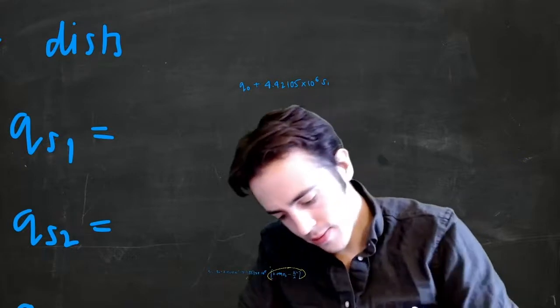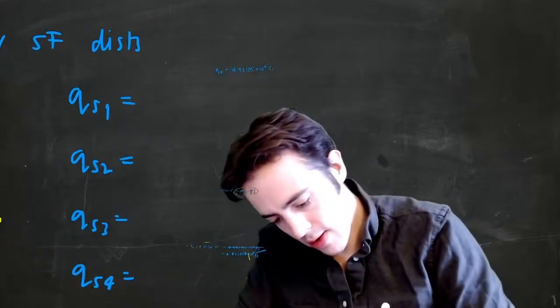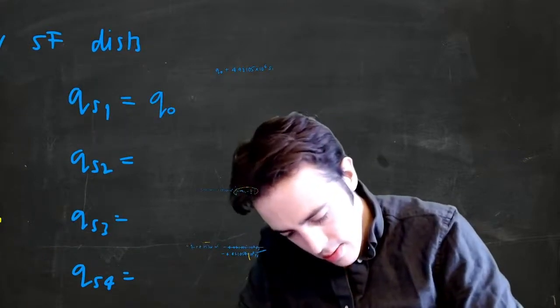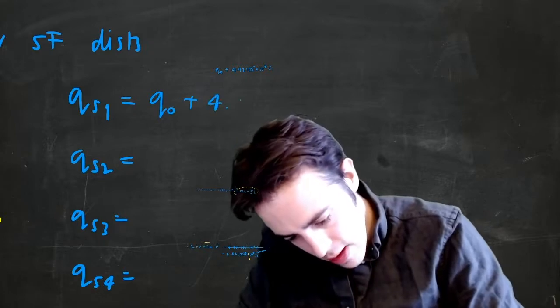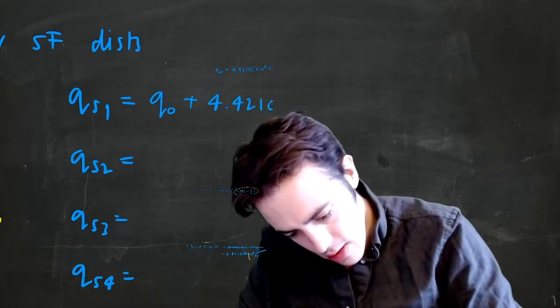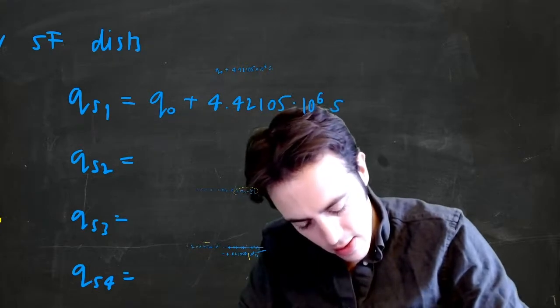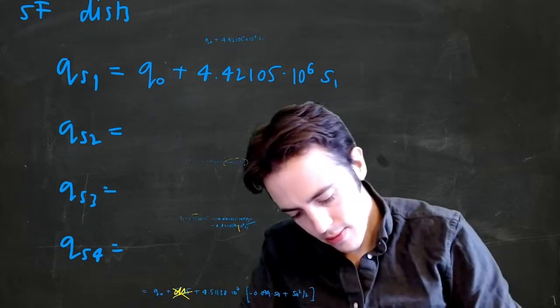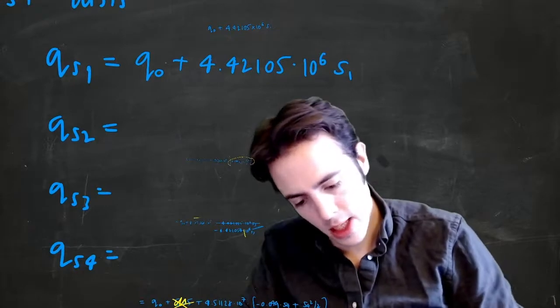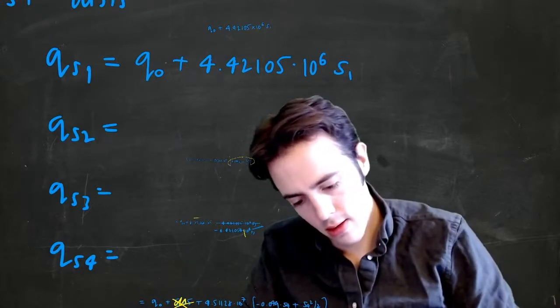So QS1 is Q0 plus 4.42105 times 10 to the 6 S1. Can now erase that version up here.